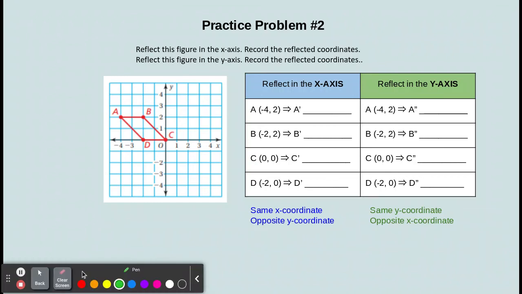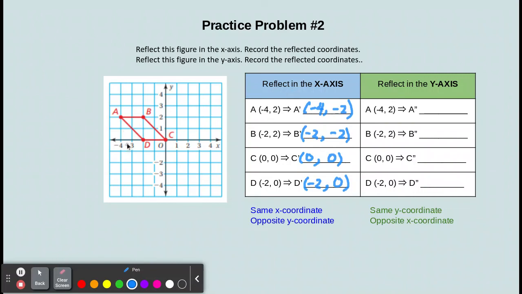Remember, when we reflect in the x-axis, our x values stay the same, and our y values become opposite. So opposite of 2 is -2, opposite of 2 is -2, opposite of 0 is 0, and opposite of 0 is 0.